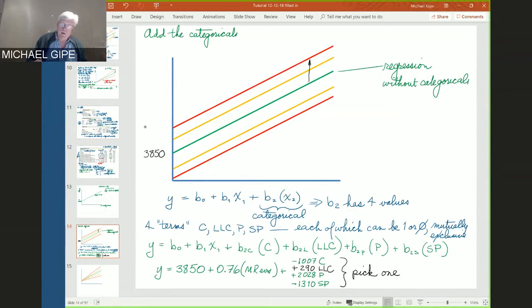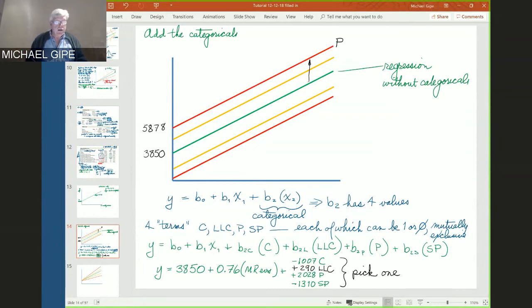Now for a partnership, we add 2028 to that, and the new intercept is 5878. And in fact, we've added 2028 to y for any x value.